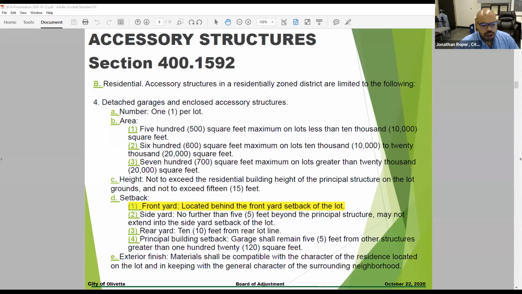The size is not being disputed today, but we look at, as Carlos mentioned, the front yard setback under the SR single family district. The setbacks on accessory structures note that an accessory structure should not be located in the front yard.